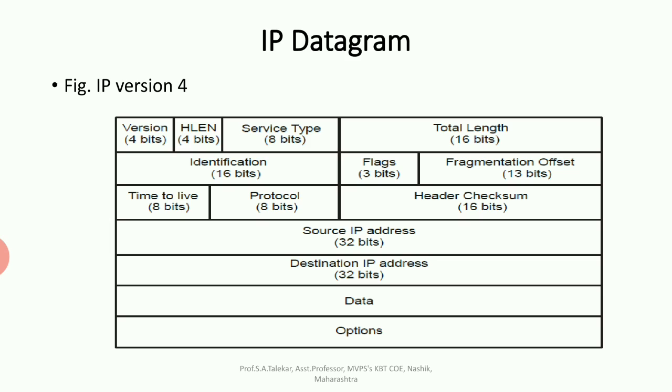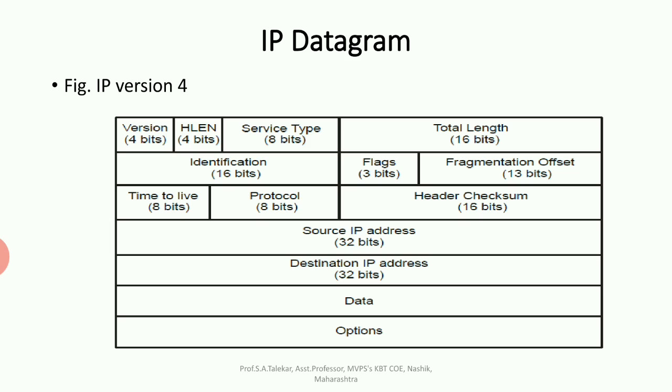MF is nothing but more fragments, and when it is set, the MF flag indicates that there are more fragments. Then fragment offset indicates the position of the data fragment relative to the beginning of the unfragmented data. The offset is measured in multiples of 8 octets.